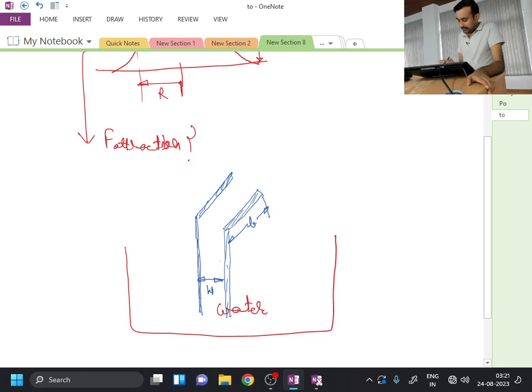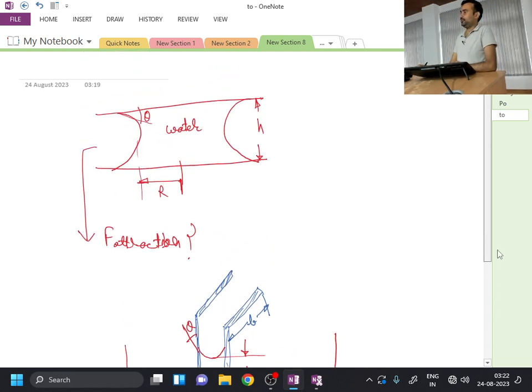Whatever meniscus is formed over here has contact angle theta. You have to determine the capillary rise. These are the two problems which you can try on your own.